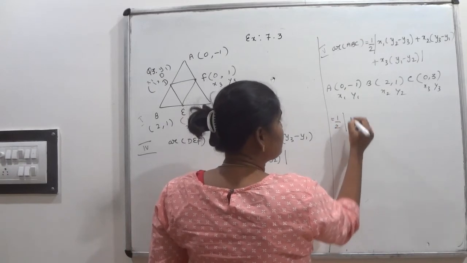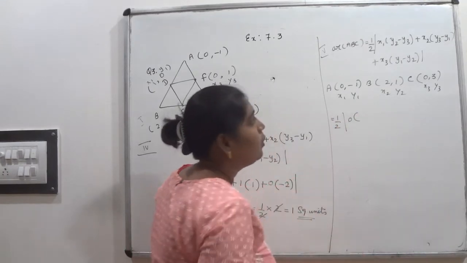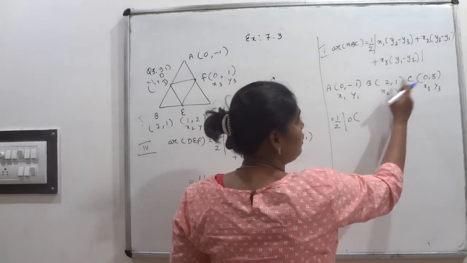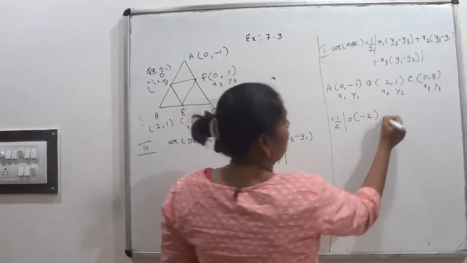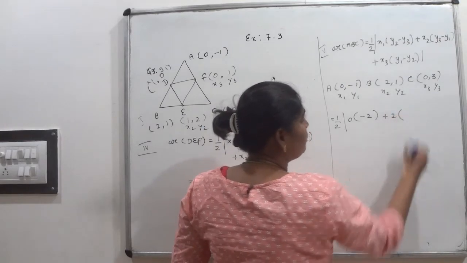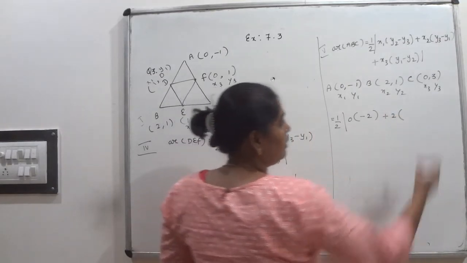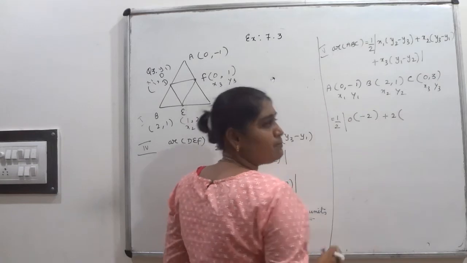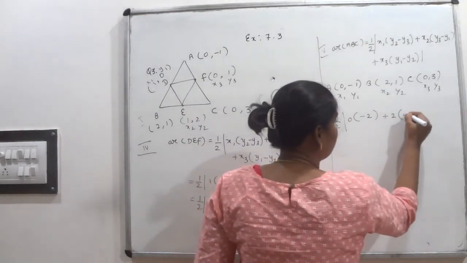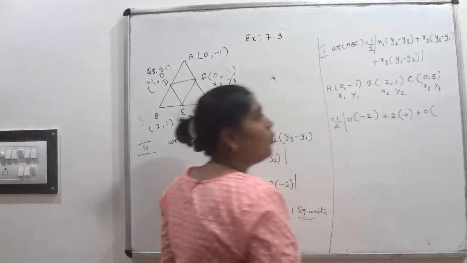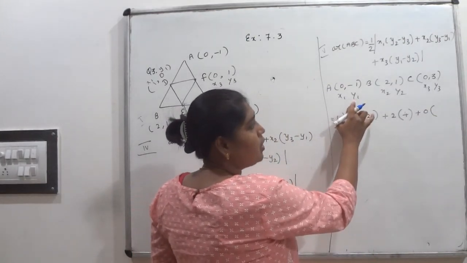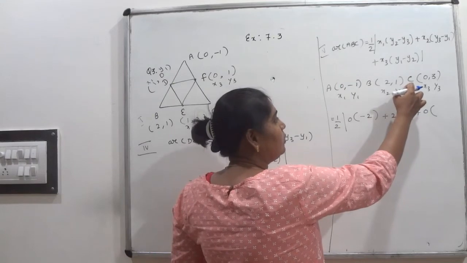Half. x1 is 0 into y2 minus y3. y2 is 1 minus 3, it will give you minus 2. Plus x2 value is 2 into y3 minus y1. 3 minus of minus 1, that is 4. Plus x3 value, that is 0 into y1 minus y2. y1 is minus 1, minus y2, that is minus 1.